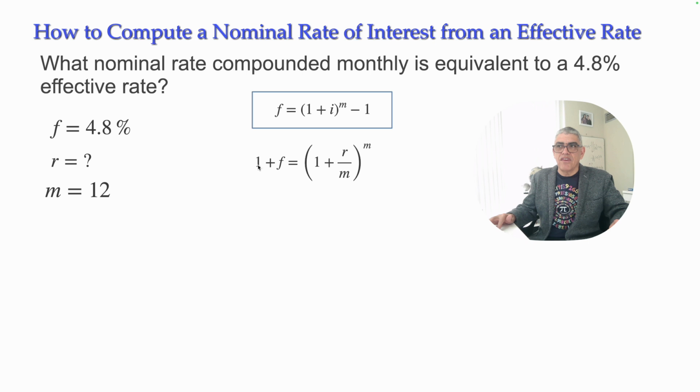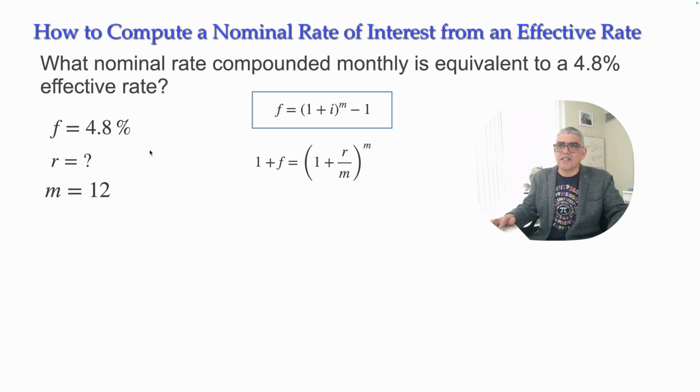So after 1 year, you are going to receive 1 plus F. But if you use the nominal rate of interest, after 1 year, what you are going to receive is (1 plus R over M) to the power M. So this is actually the formula of the future value of investing $1 for 1 year. So these are two different ways to find the future value of investing $1 for 1 year. And we can start from this formula.